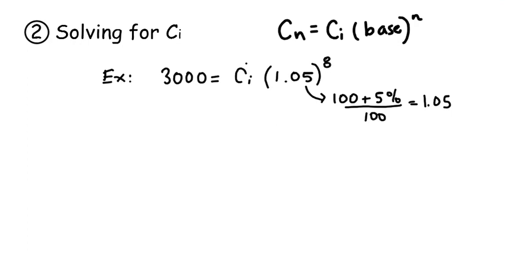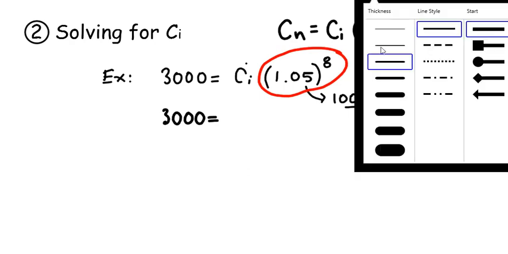In these types of problems, your job is just to turn this into a simpler value. So you can reach for your calculator or wait for me to calculate it. 1.05 exponent 8, 1.477.